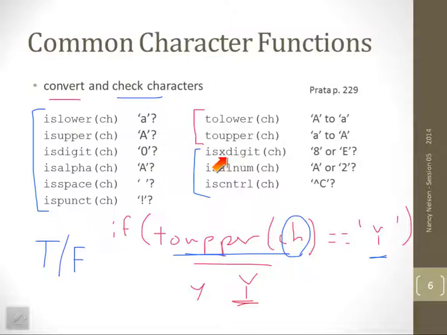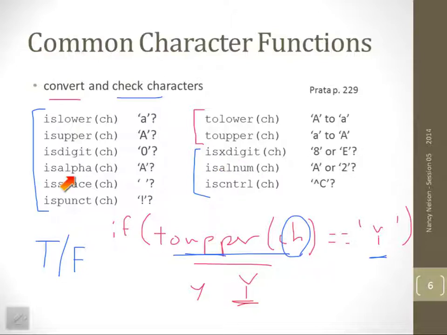So the X in here means hexadecimal. So it's going to return a true for 8 or E or 0 or B, anything like that. If it's a G, it's going to return false. And those will work with isAlpha, and isXDigit will work with both uppercase and lowercase letters.